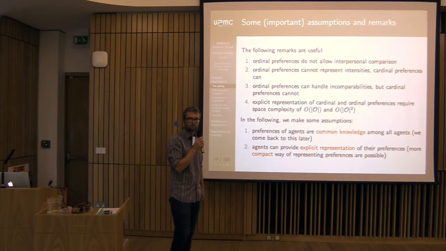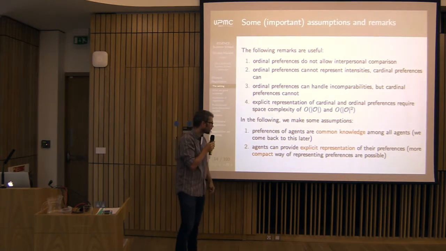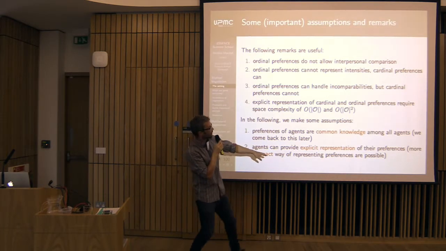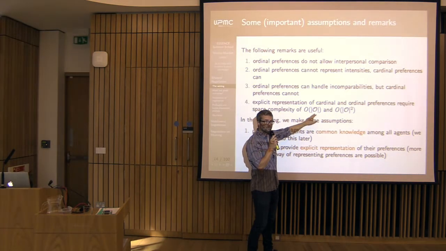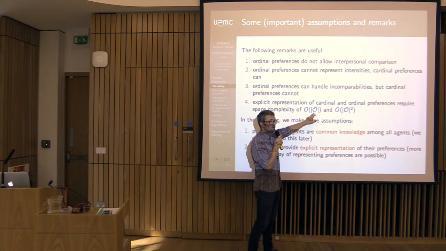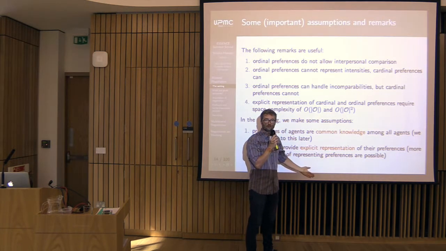That's a very strong assumption, of course. And you can provide explicit representation of your preferences. So remember that this can be very large. Remember that this may not be realistic at all, to suppose that you can express explicitly your preferences over such a set. But we'll make that assumption.